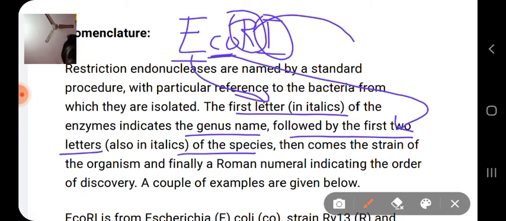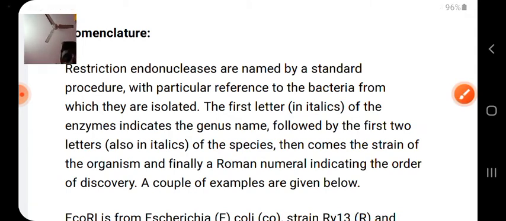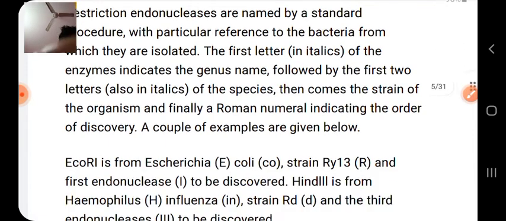Understood this part? So restriction enzymes are named in this way. The first capital letter refers to the genus name, followed by the first two letters of the species name. Then comes the strain, and the last, given as a Roman numeral, indicates the order of discovery.